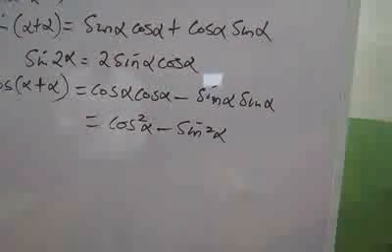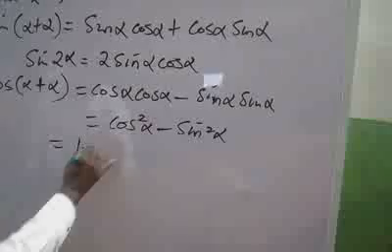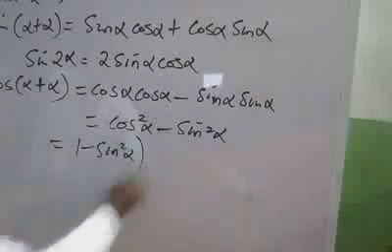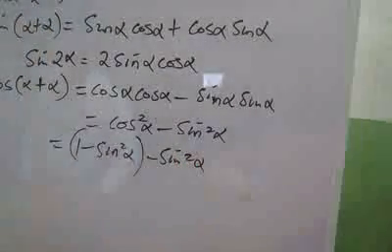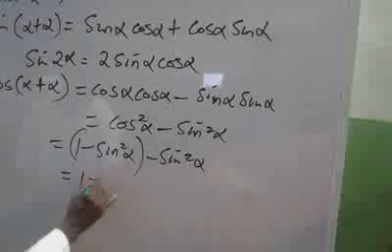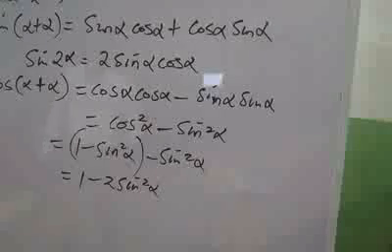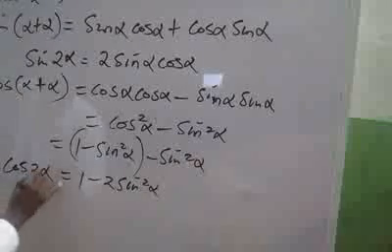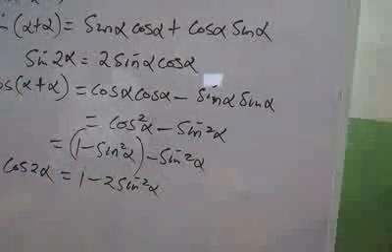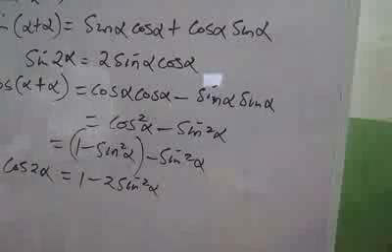Remember that your cos square alpha is the same thing as 1 minus sine square alpha. So this will give me 1 minus sine square alpha minus sine square alpha, and if I open this, this will be 1 minus 2 sine square alpha. So this is the double angle. I have my cos 2 alpha equal to this, where alpha can represent any alphabet.